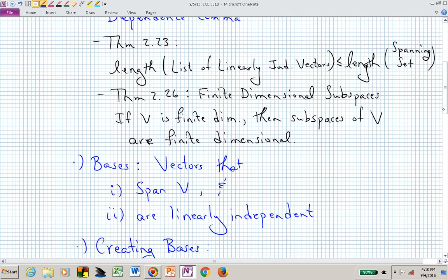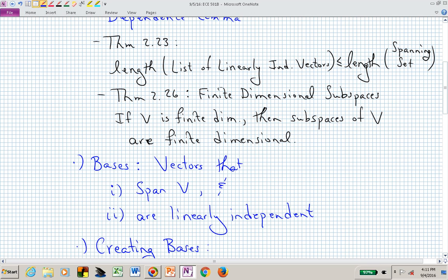One of those is Theorem 23 in chapter 2, which says in a nutshell that if you're given a list of linearly independent vectors, the number of vectors in that list, or the length of that list, is less than or equal to the length of any list of vectors that actually span that vector space. So a spanning set of vectors spans the vector space, and that's always going to be greater than or equal to the length of a list of linearly independent vectors, and that's a result of the linear dependence lemma.